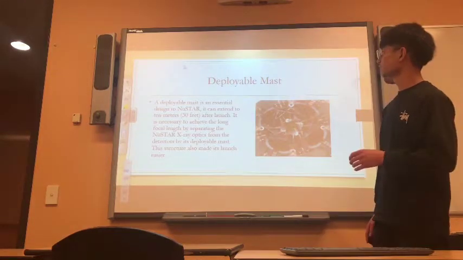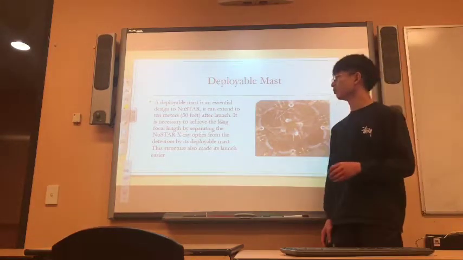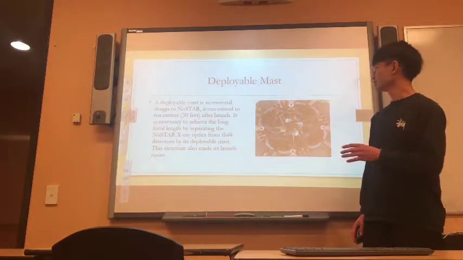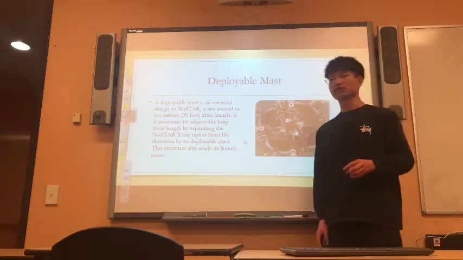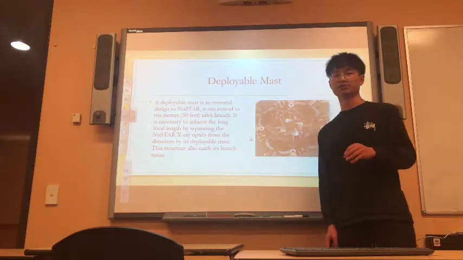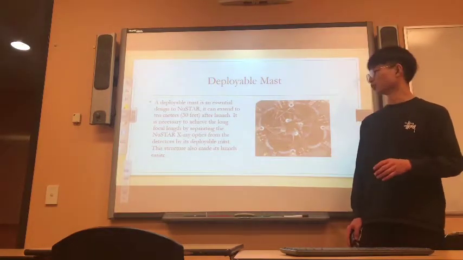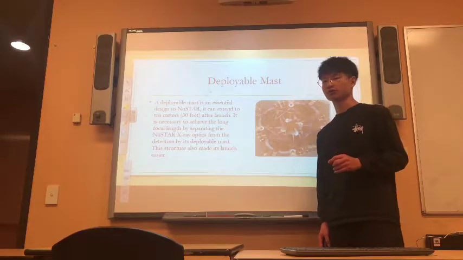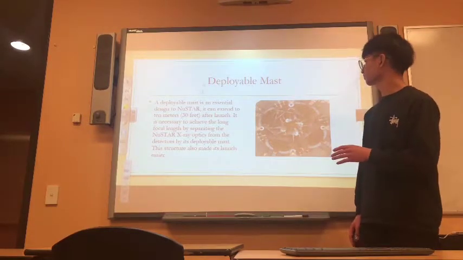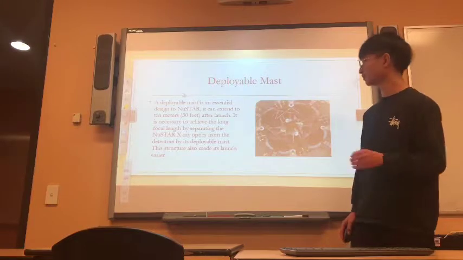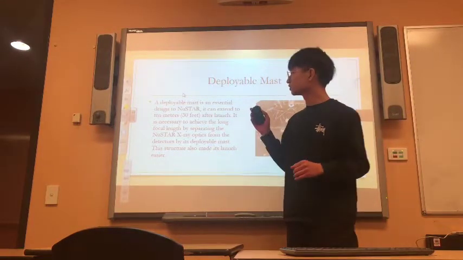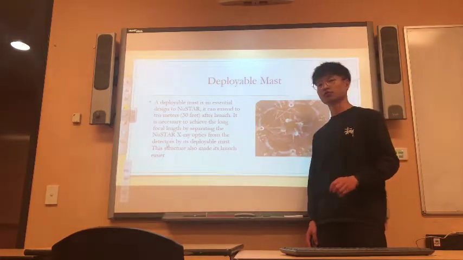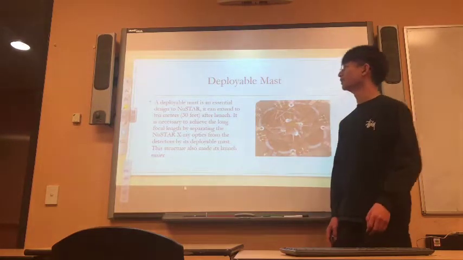And the next is the deployable mast. NuSTAR is very small and launched by a small rocket, so the volume of NuSTAR is limited. So the deployable mast is an essential structure for NuSTAR.